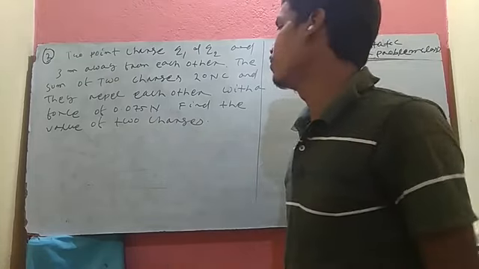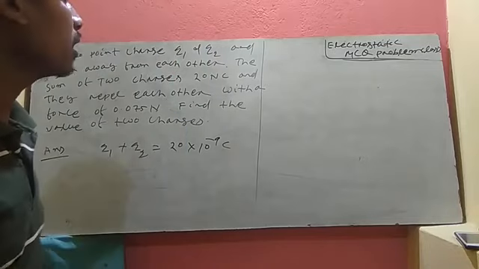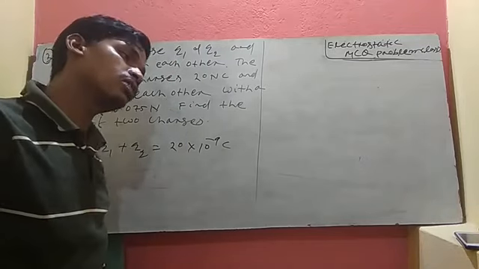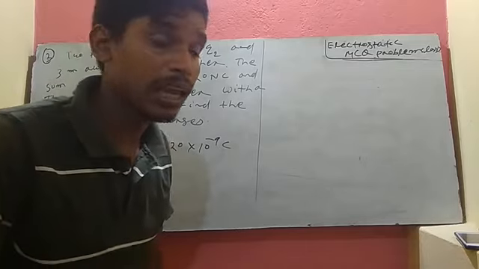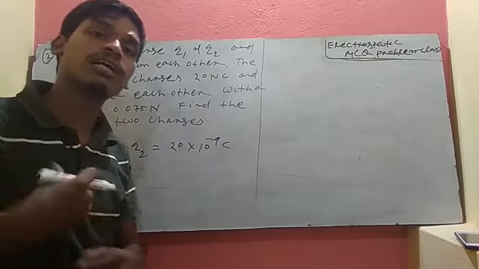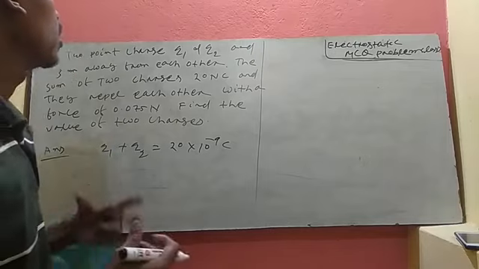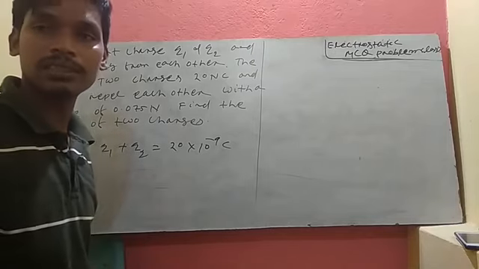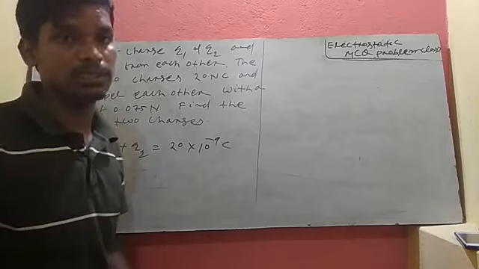First of all, you can write the total charge, sum of two charges, Q1 plus Q2 is equal to 20 nanocoulomb, 20 into 10 to the minus 9 coulomb. Repulsive force means Q1 is positive and Q2 is positive, or Q1 is negative and Q2 also negative. So repulsive means the two charges are similar, like charges.